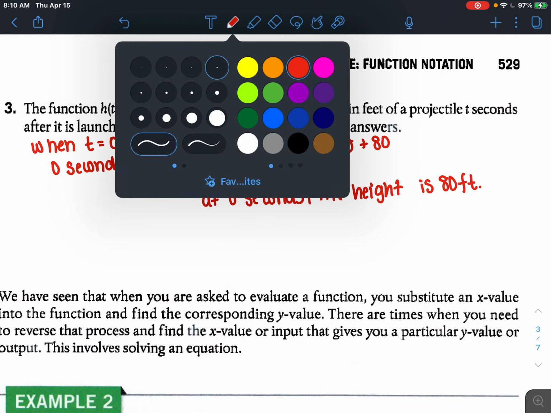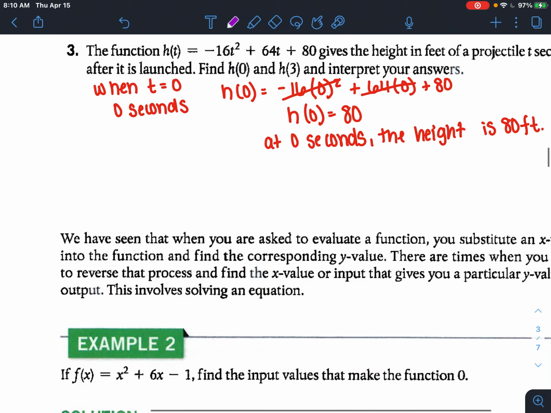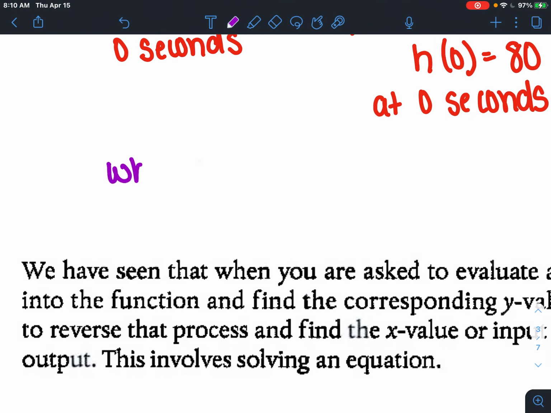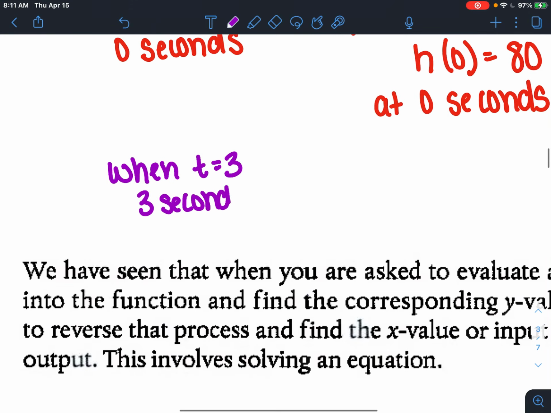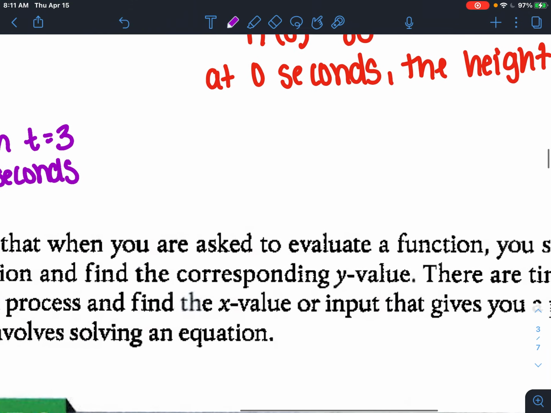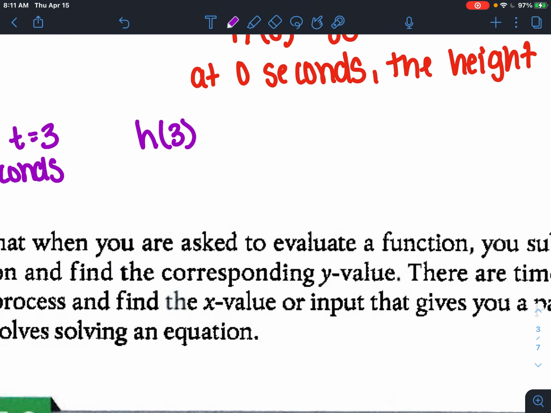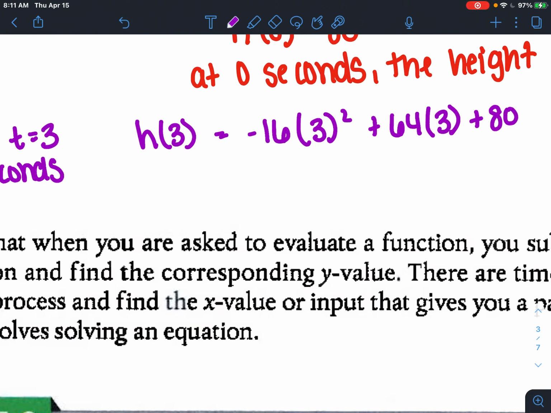All right, and then we still have to do the second part here for when t equals 3, so that's 3 seconds. How high will our object be? So h of 3, I'm plugging in 3 for t, negative 16 times 3 squared plus 64 times 3 plus 80.